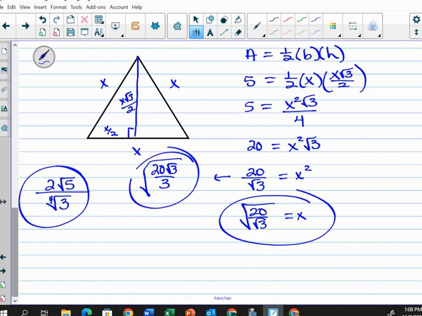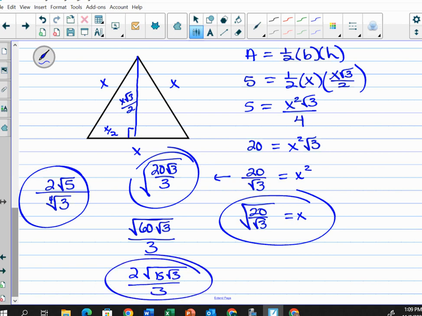Some of you went a little bonkers simplifying from here. It would be root 60 square root of 3 over 3, and then you can simplify that. So what is that? 4 times 15. 2 root 15 root 3 over 3. So that's another way you could write it.